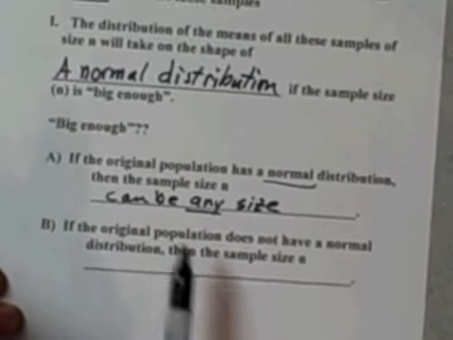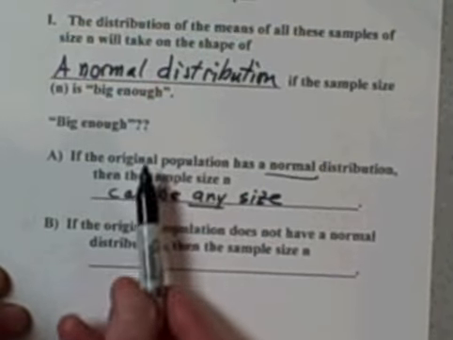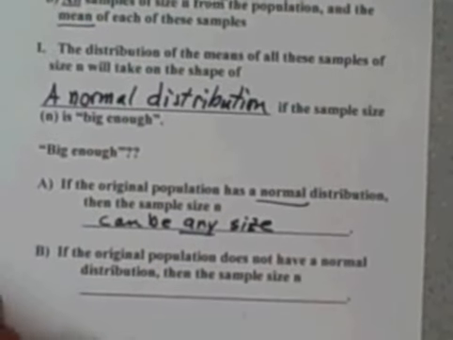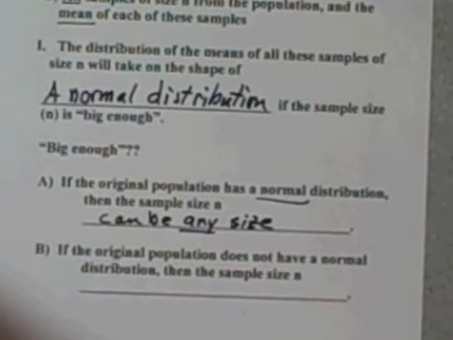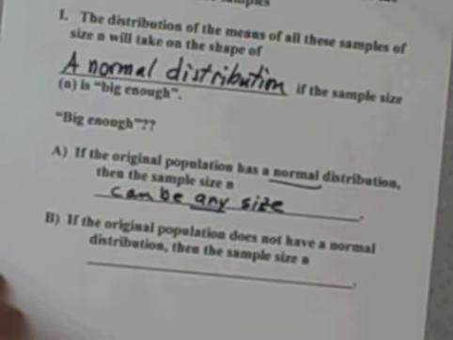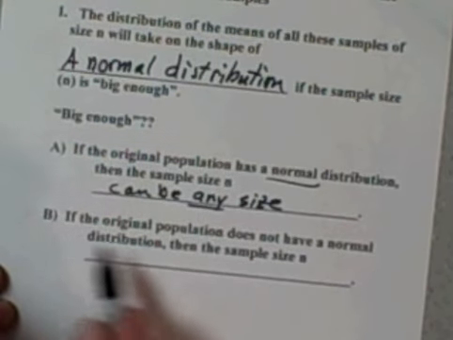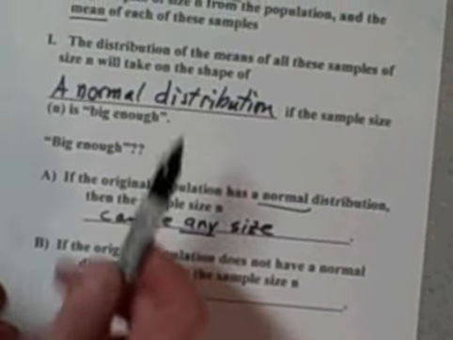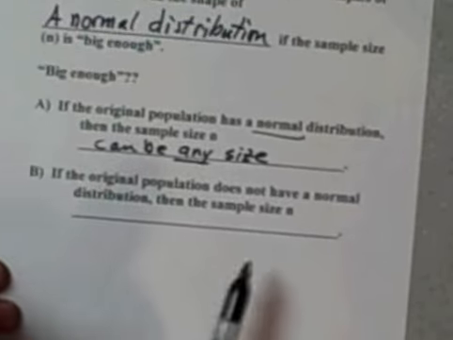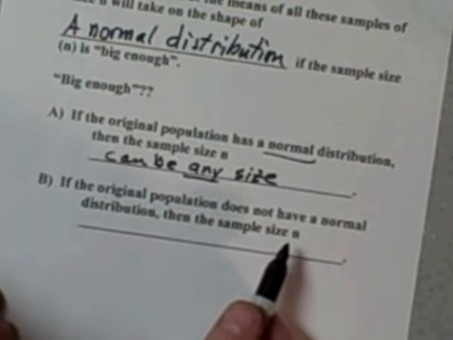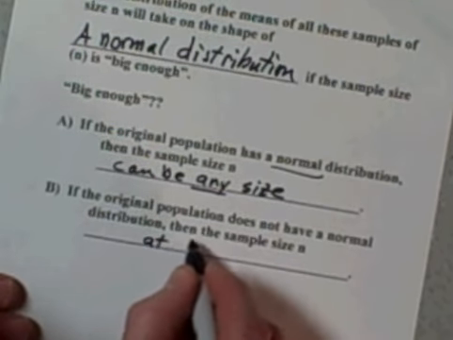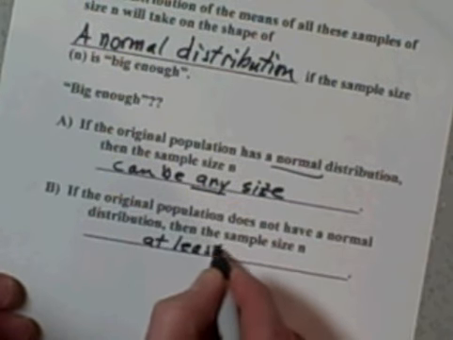Okay? And the other possibility is that my original population that I'm drawing my samples from isn't normally distributed. What if it's flat across? Or what if it has maybe a dip in the middle? Or it's just kind of strange looking. Well, if the population does not have a normal distribution, then in order for the means of all the samples to take on a normal distribution, the sample size has to be at least 30.